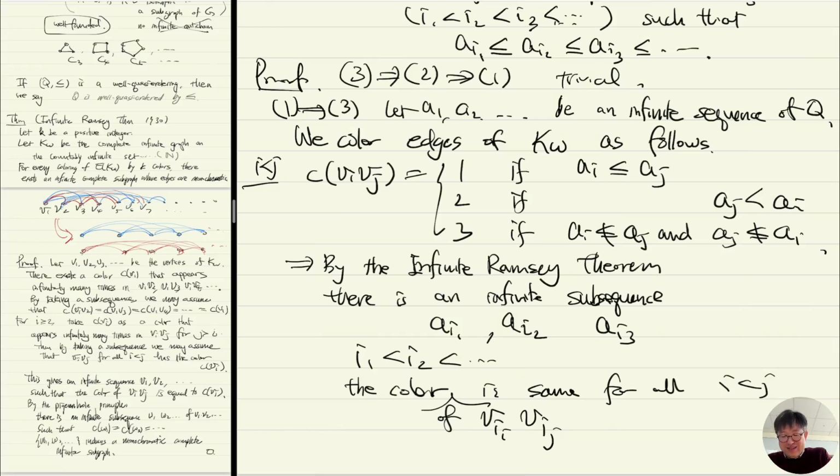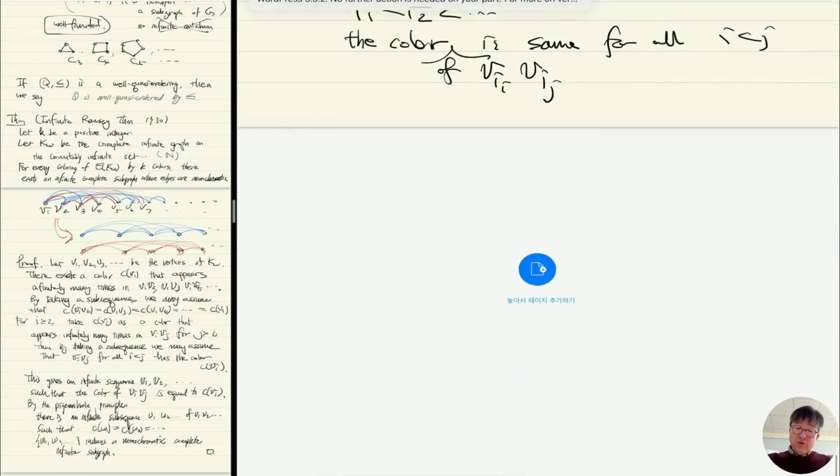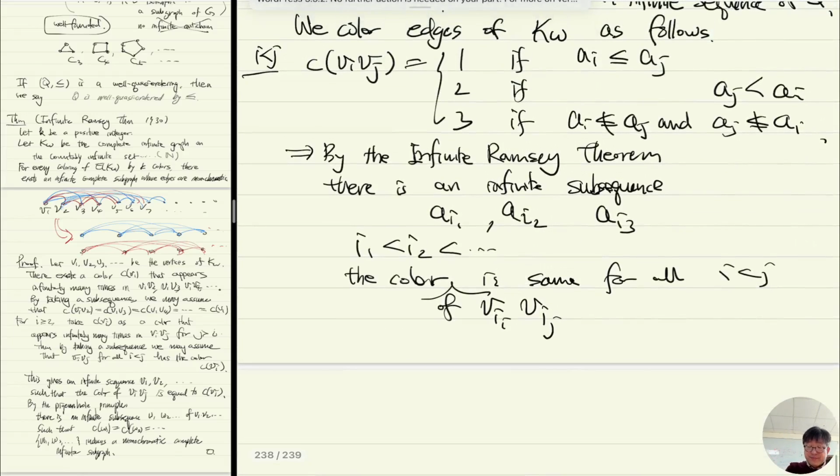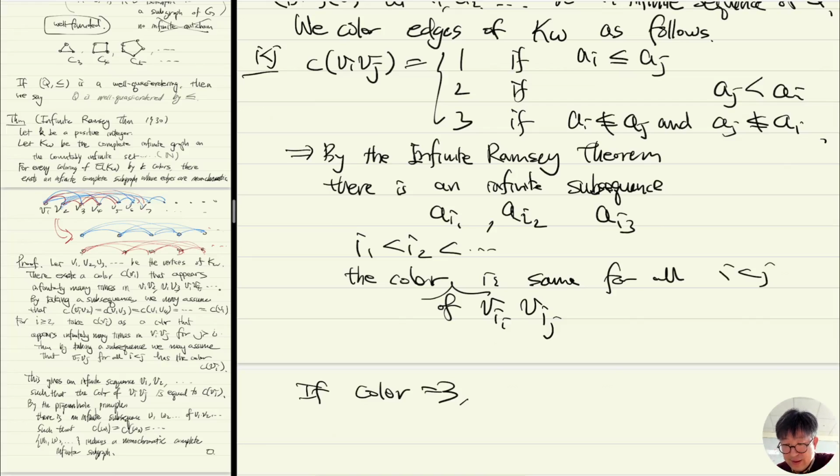Okay, I shouldn't have chosen i, but anyway. So what's happening? If the color is 3, then Q has an infinite antichain.